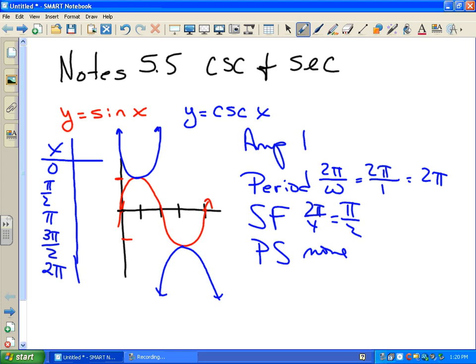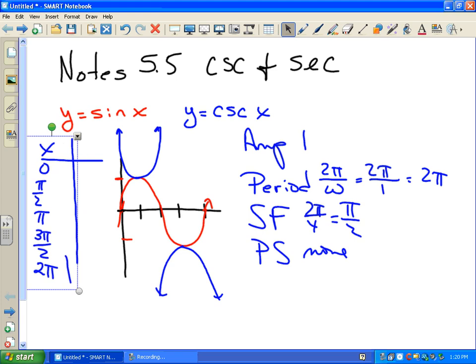Now let's talk about sine for a minute, and maybe that'll make sense on what a cosecant is. And as you think about this, let's see if I can move this over just slightly.